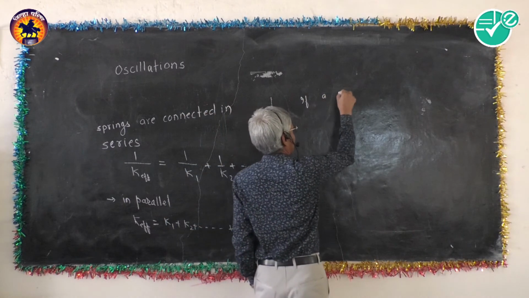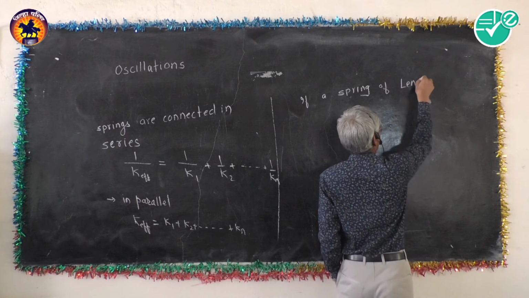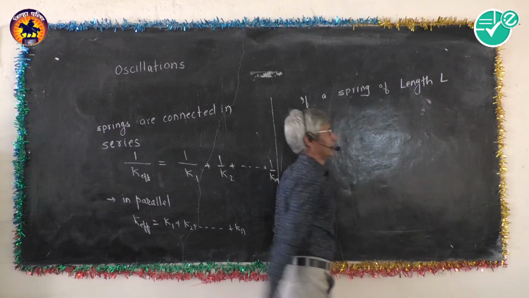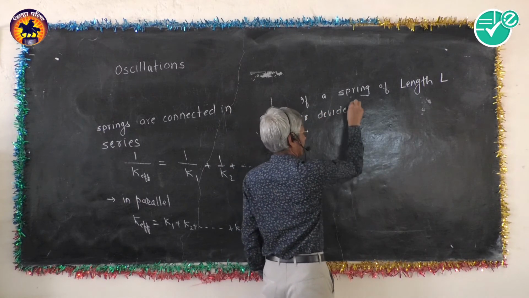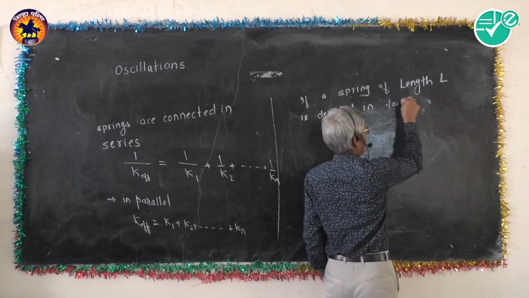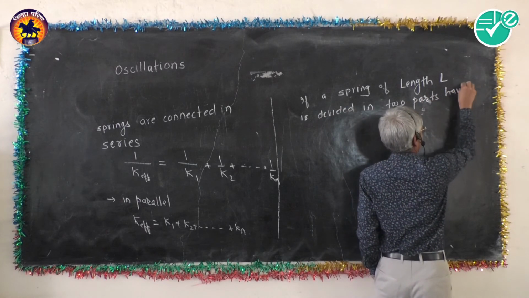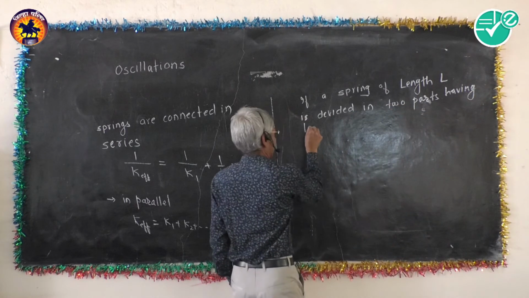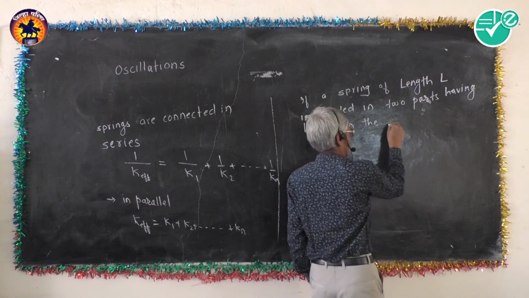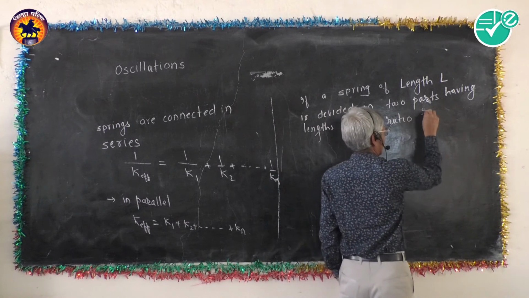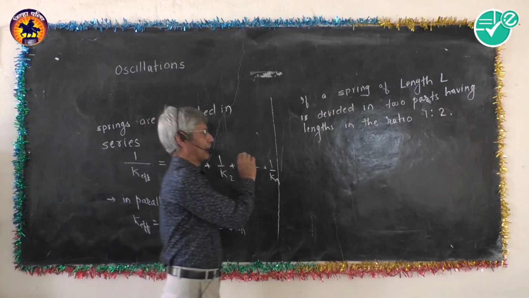If a spring of length L is divided in two parts having length in the ratio 1:2. This is the given part.